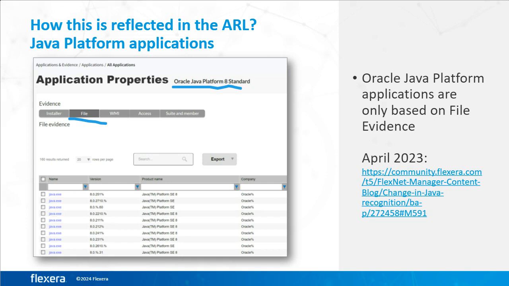But what I wanted to highlight here is this change back in April. Oh, it was April 23, it is on the slide. So here's also a link to the community post where we explained why we changed to only using file evidence.